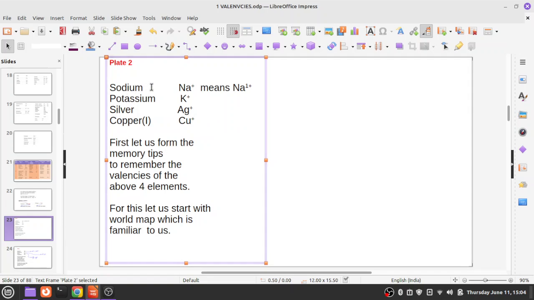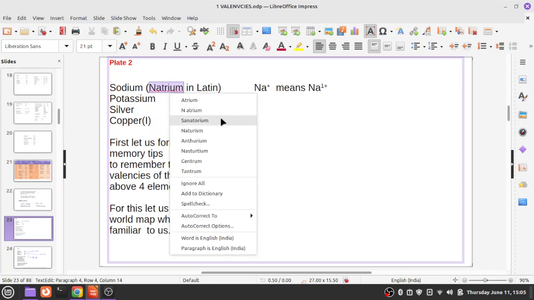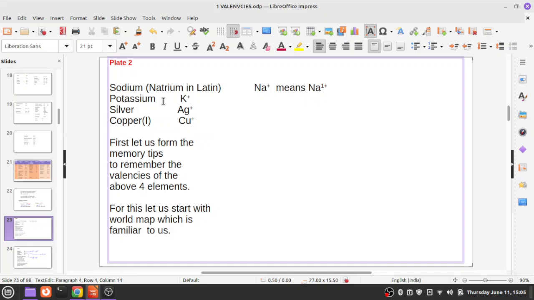See, the sodium symbol should be So, but it is Na plus, because sodium is the English word and natrium is the Latin word. Sodium is called natrium in the Latin language. I write that here.